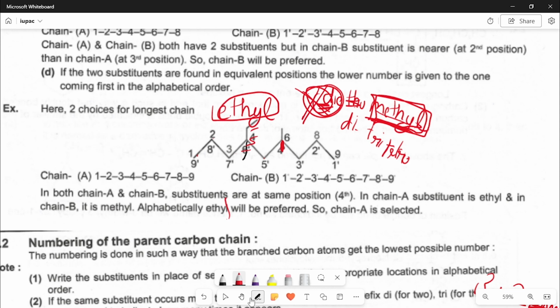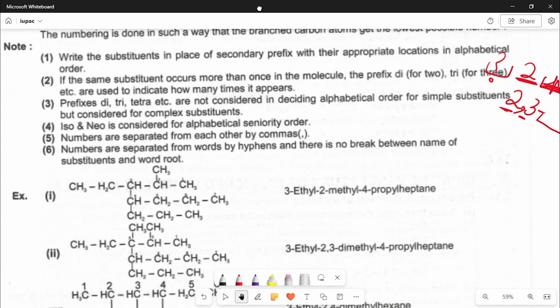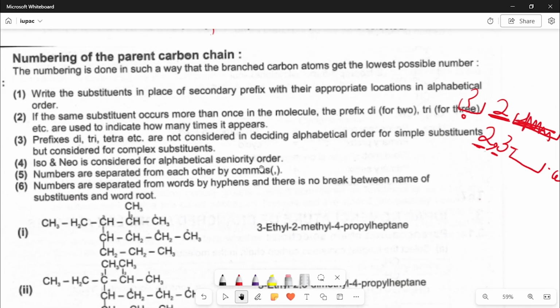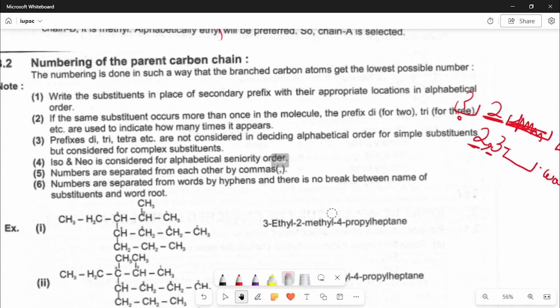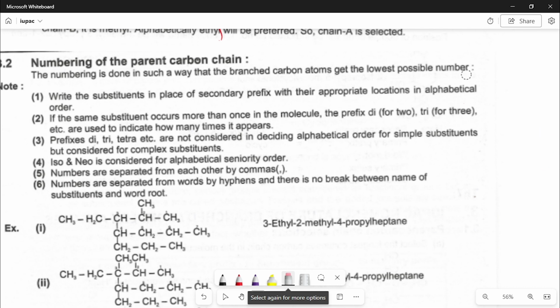So moving down, what are the other rules? Iso or neo is considered for alphabetical seniority order. The iso and neo groups I told you about before. This one is the neo group, I guess, and iso was something like this. These two groups are considered for alphabetical order.